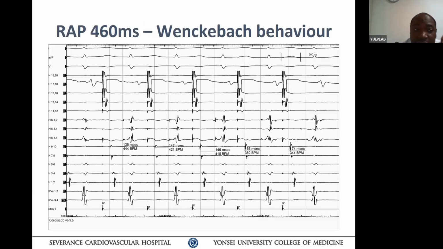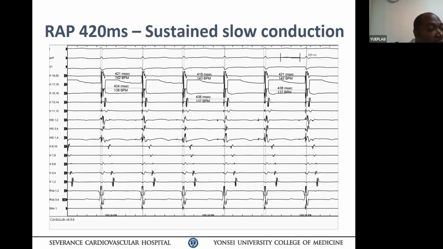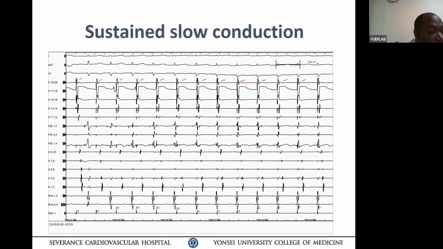During straight RA pacing, we noticed Wenckebach behavior at RAP 460. We can see progressive prolongation of the AH interval. And at RAP 420, we see sustained slow conduction where the PR interval is longer than the prevailing RR interval. And this is demonstrated here.